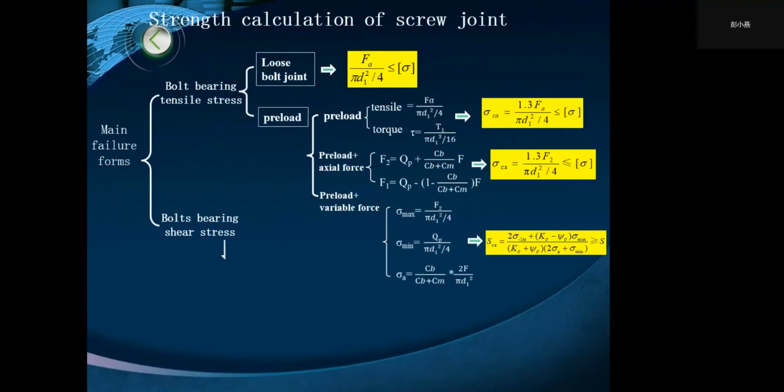And then, according to force analysis, we know external loads acting on bolt, and each individual bolt carries either tension loads or shear loads or variable force. To prevent bolt failure, we should choose proper size of bolt.